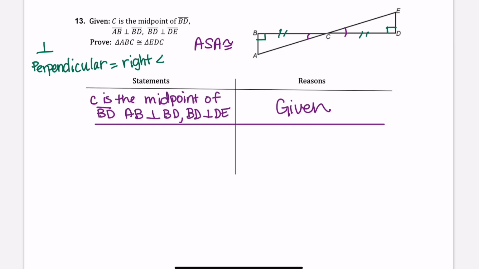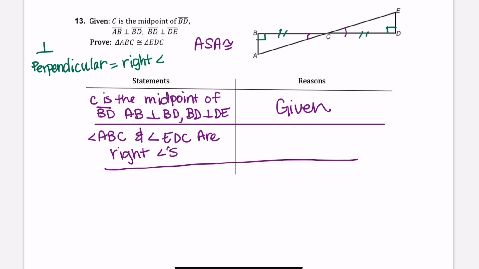Okay, now we need one more thing before we go into our angle, side, angle, congruent. I need to establish that these are right angles. So we're going to say that angle ABC and angle EDC are right angles.